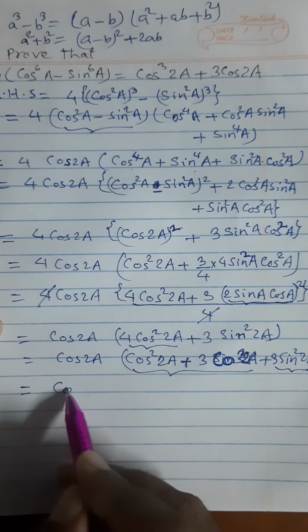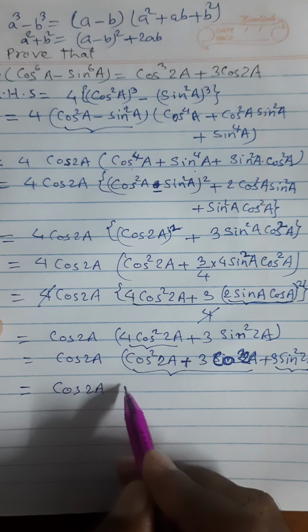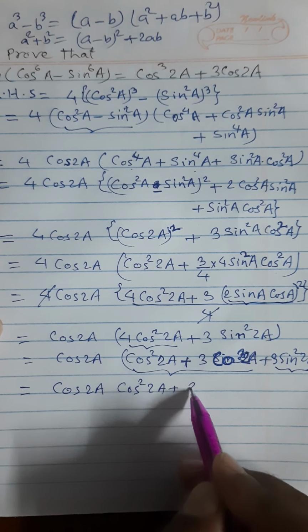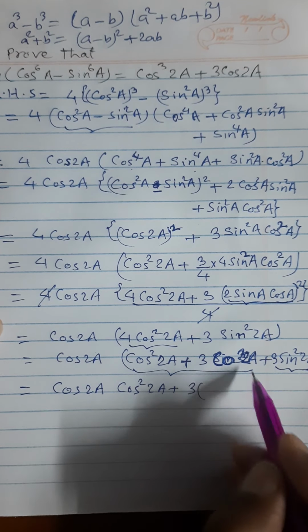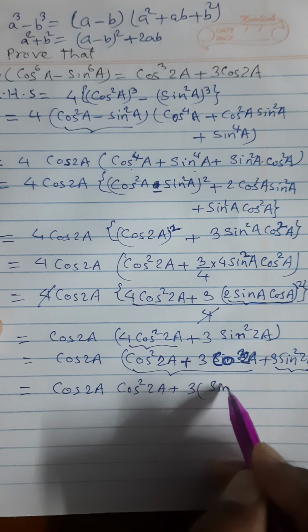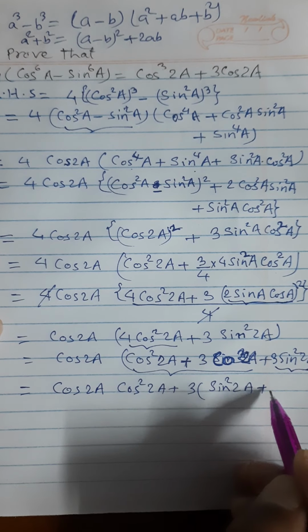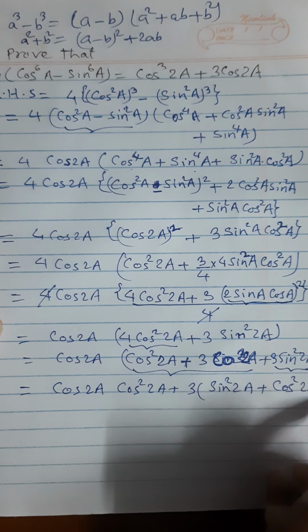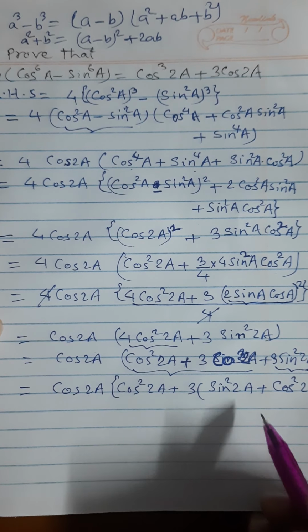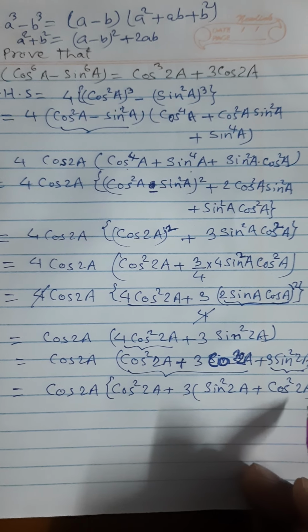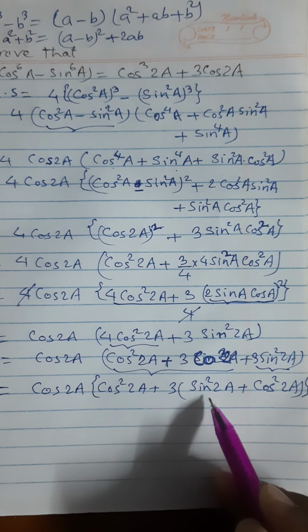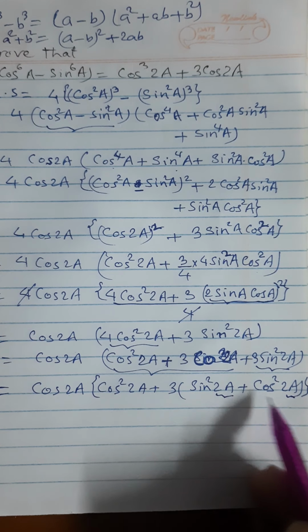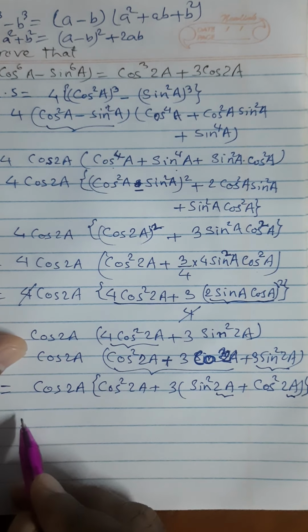Now here we have cos 2a times cos square 2a plus, from these two, 3 is common. Here 1 is sin square 2a, and the next term is cos square 2a, and you know the formula of sin square theta plus cos square theta. In place of theta we have 2a. Sin square theta plus cos square theta is 1.